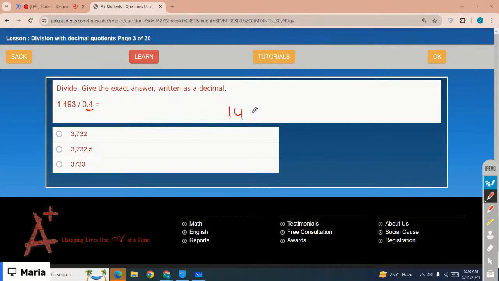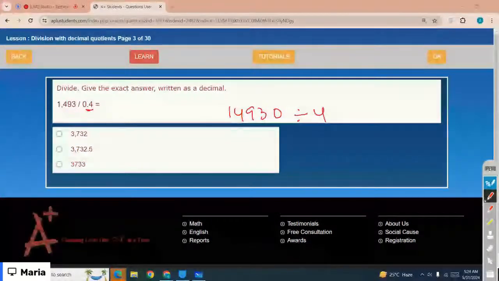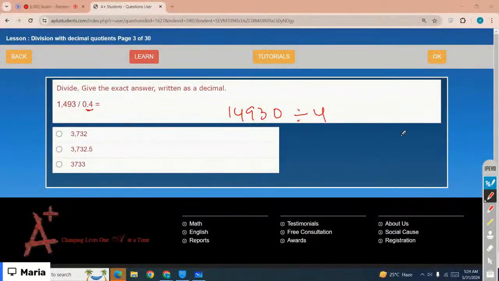You can remove this decimal by adding a 0 to the dividend. Now it is 14,930 divided by 4. Now the divisor doesn't have any decimal. Now you can divide like we divide whole numbers. That is simply division. The main thing you need to learn here is how to remove the decimal point.